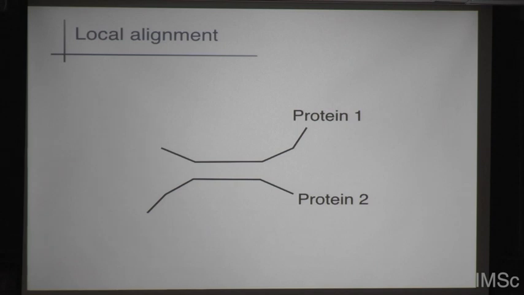So those algorithms are good when you want to align two sequences with each other completely. But many times you have two proteins which appear to do similar things, but they're not identical. In which case a complete global alignment probably does not make sense, because proteins have domains.